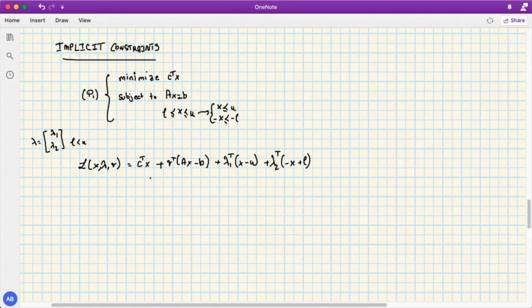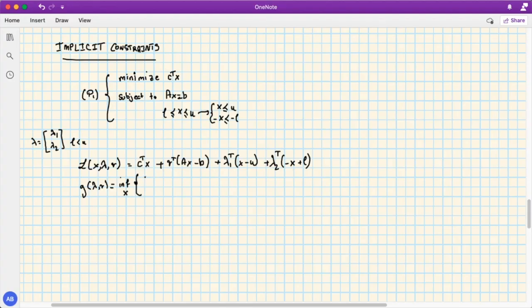Right? Now let's do the infimum over x to get g(lambda, nu). So it's the infimum over x of all this thing, so let's grab all terms that depend on x.